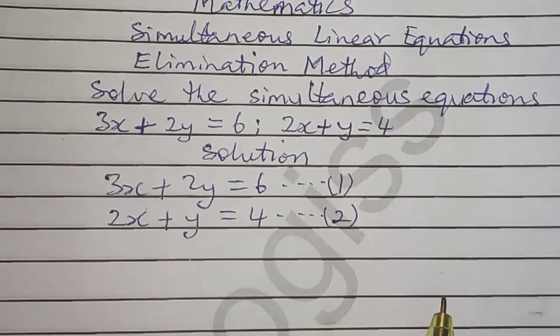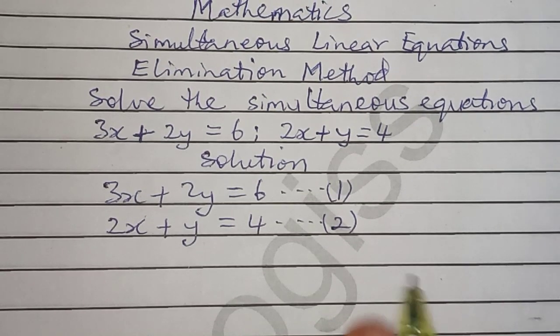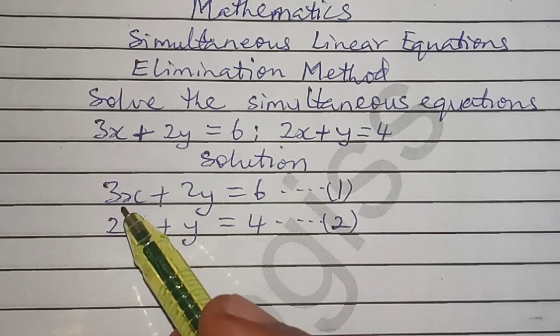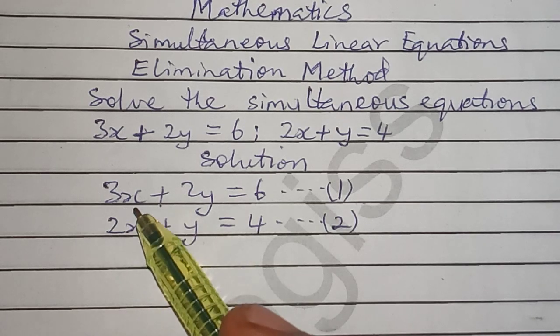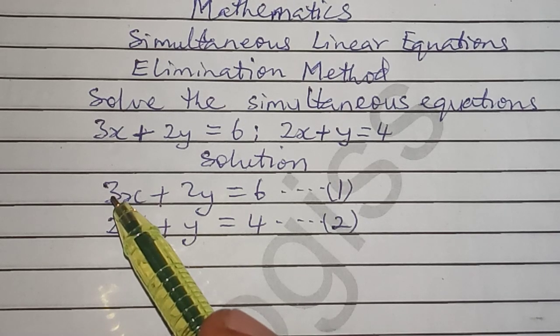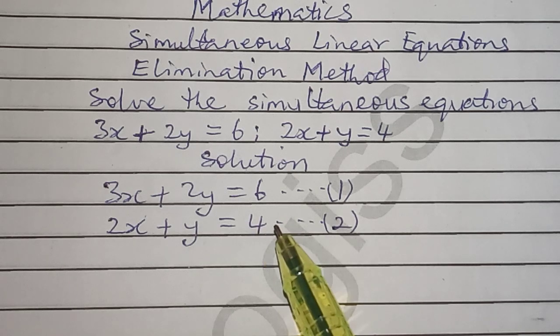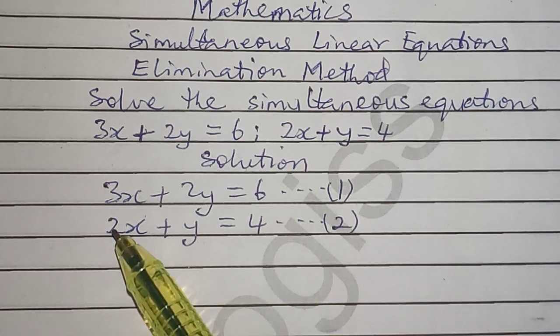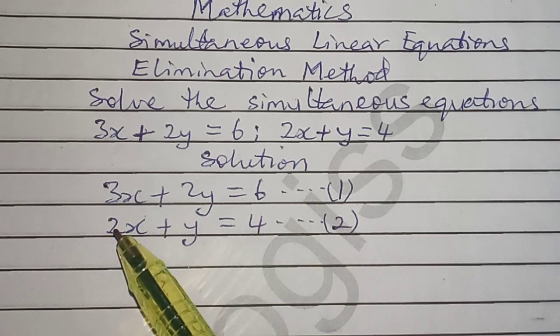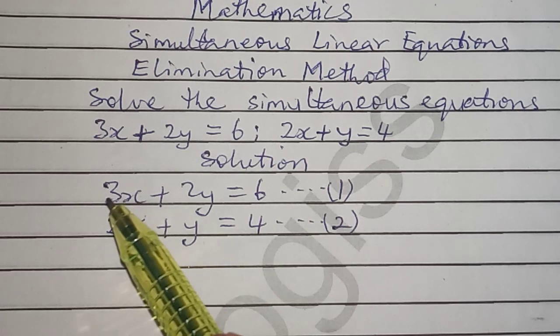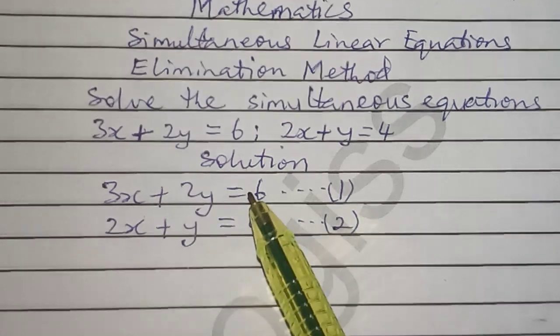So in doing that, let's say we want to eliminate x. If we want to eliminate x, we'll use 3, which is the coefficient of x in the first equation, to multiply everything in the second equation. And we are going to use 2, which is the coefficient of x in the second equation, to multiply everything in the first equation.